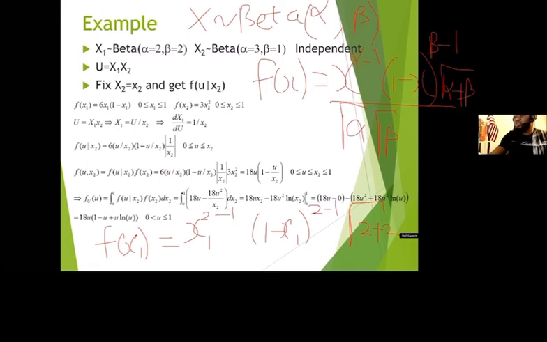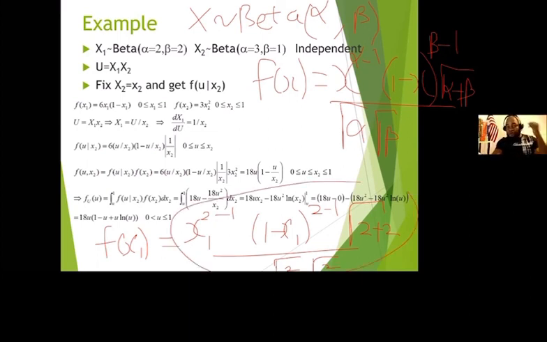gamma 2, gamma 2. Now, what is 2 plus 2? Gamma 4, right?